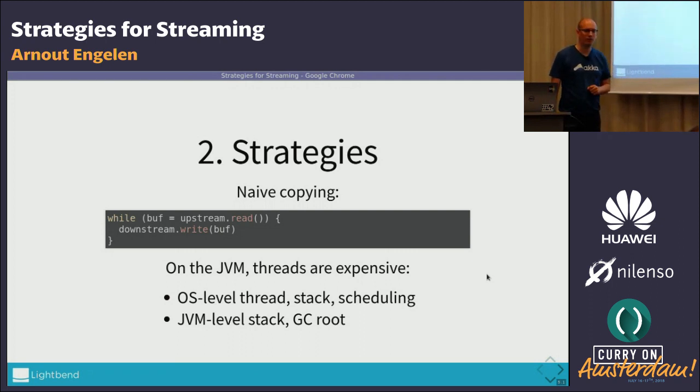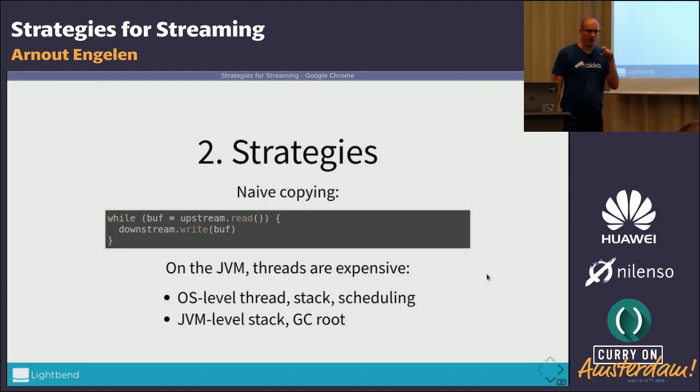That comes with a stack on the operating system. It comes with load on the scheduler of the operating system. If you have lots of threads, then the scheduler has more work to do. And also at the JVM level, there's a stack which keeps objects in memory. So it puts an additional load on the memory use of your system.